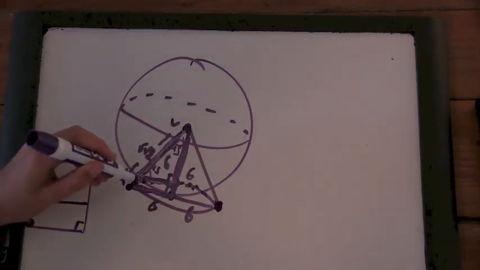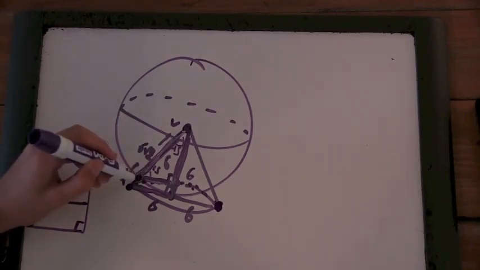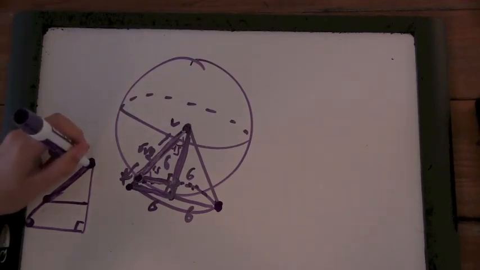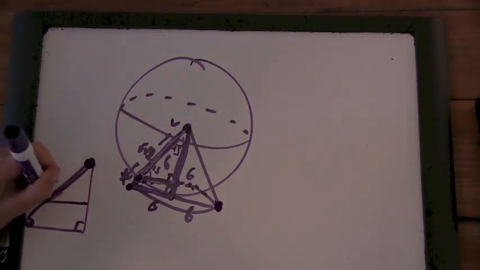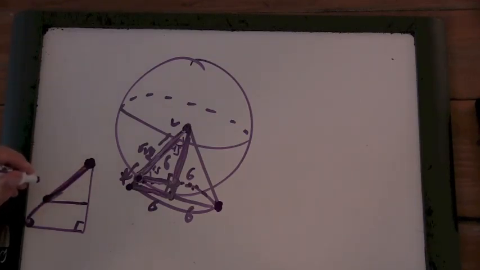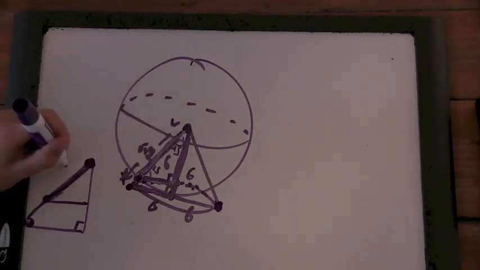Since this is both on the sphere and on the cone, it's on the outside of the sphere and on the outside of the cone. A line from the center of the sphere to a point on the outside of it is the radius of the sphere. Interesting. Okay, so that's 6.